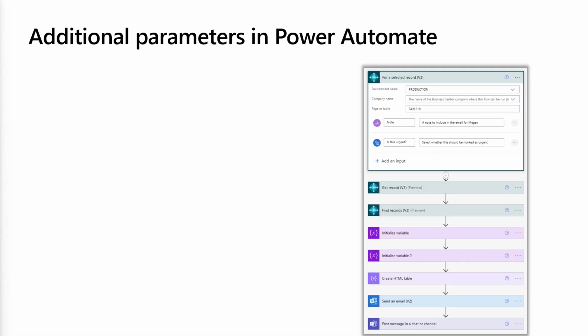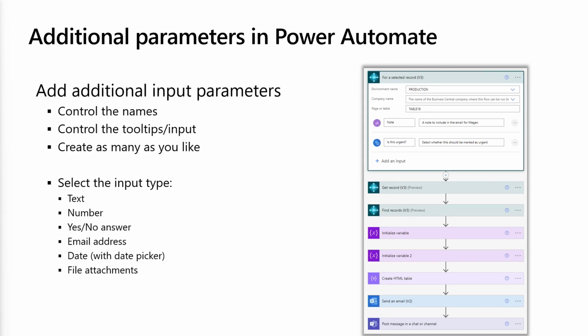And then the next capability is the parameters or the values that you can create in Power Automate. This is actually a feature of Power Automate itself. We are using that in this new capability. You build inputs into Power Automate flows using Power Automate. You have full control over names, tooltips, and some parameters of those input fields.